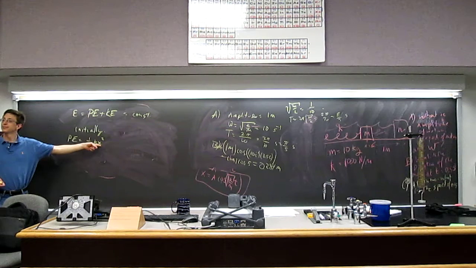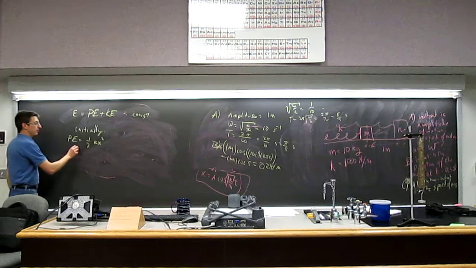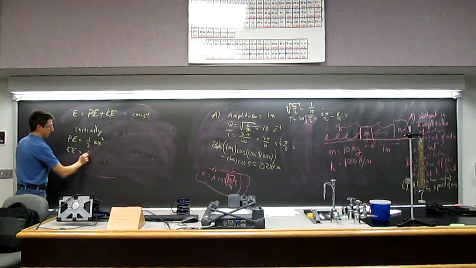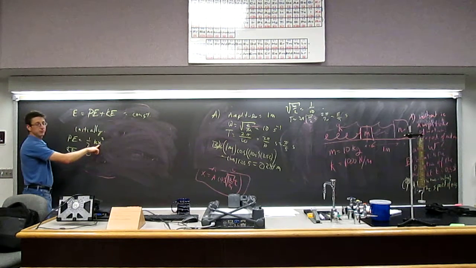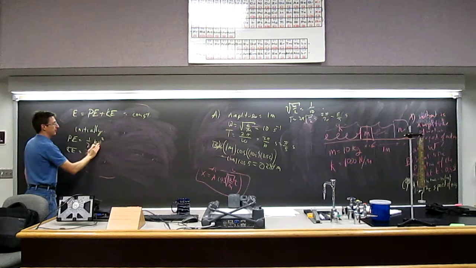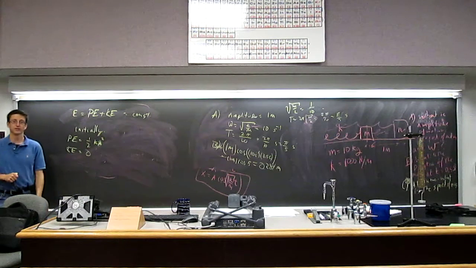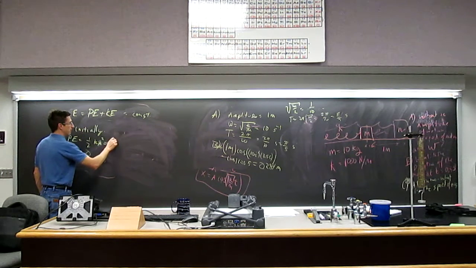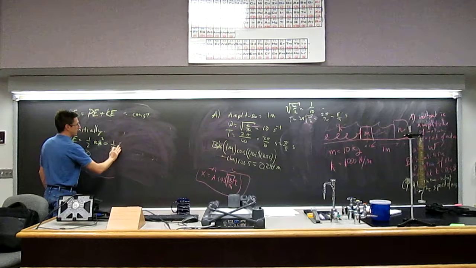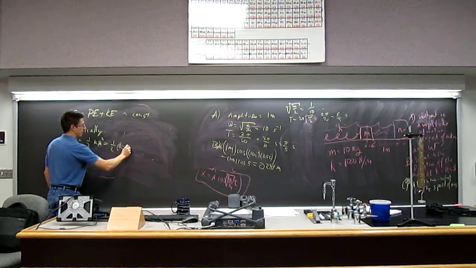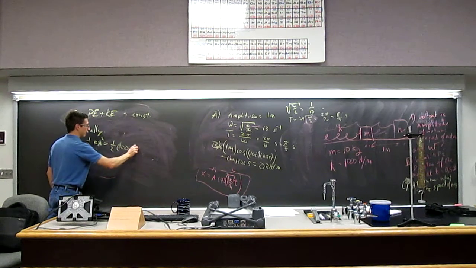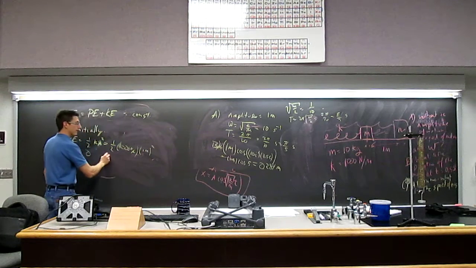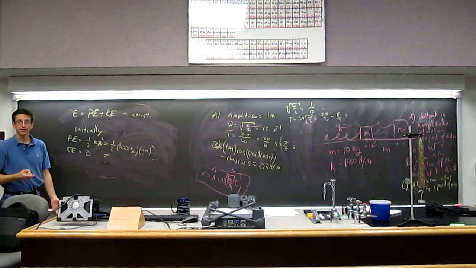The kinetic energy is 0, and my initial x position is 1 meter, so that'd be the A squared. So I could write this as 1/2 times 1,000 newtons per meter times 1 meter squared, and that gives 500 joules.